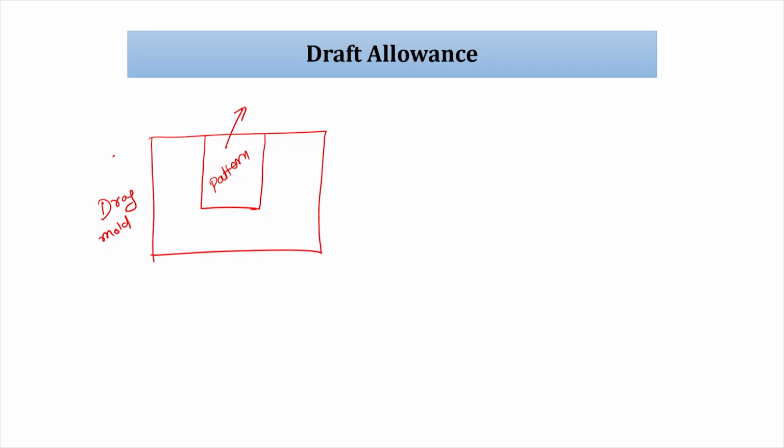If you remove it, there is a chance some breakage happens, and the sand may rupture. So, what can we do? One way, we can first move it left, right, front and back slightly. It will create some space, something like this, is it not? Similarly for front and back, and you can easily remove it. So, it is better to give this allowance to the pattern to remove it easily. So, this is the draft allowance.